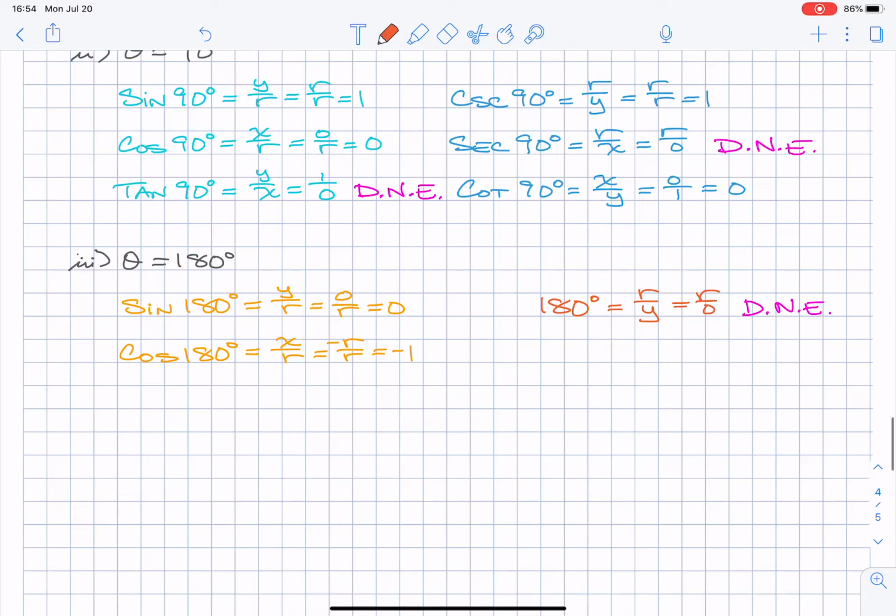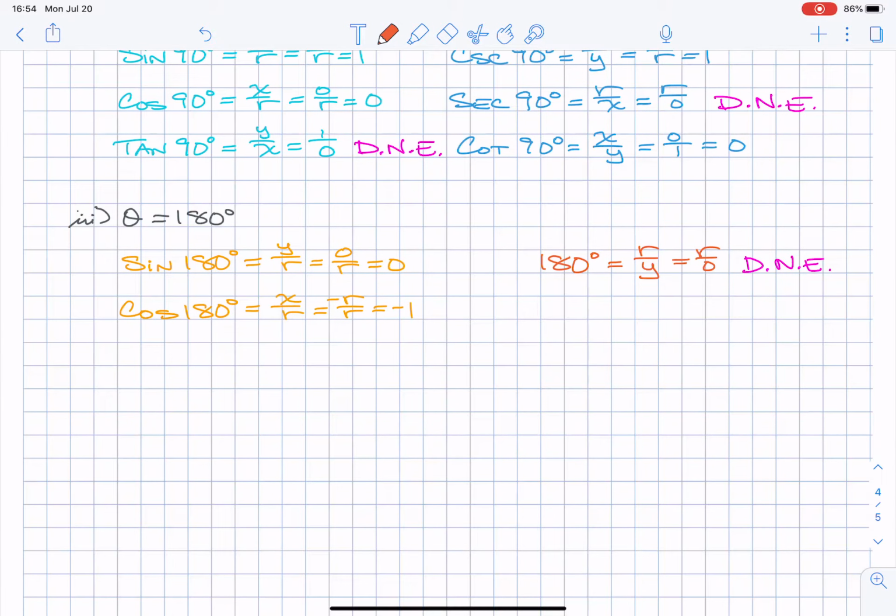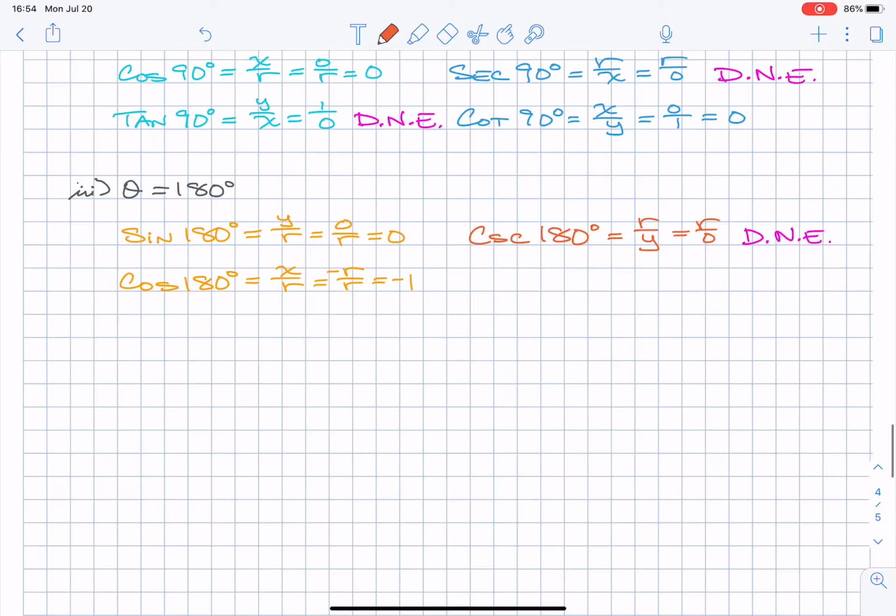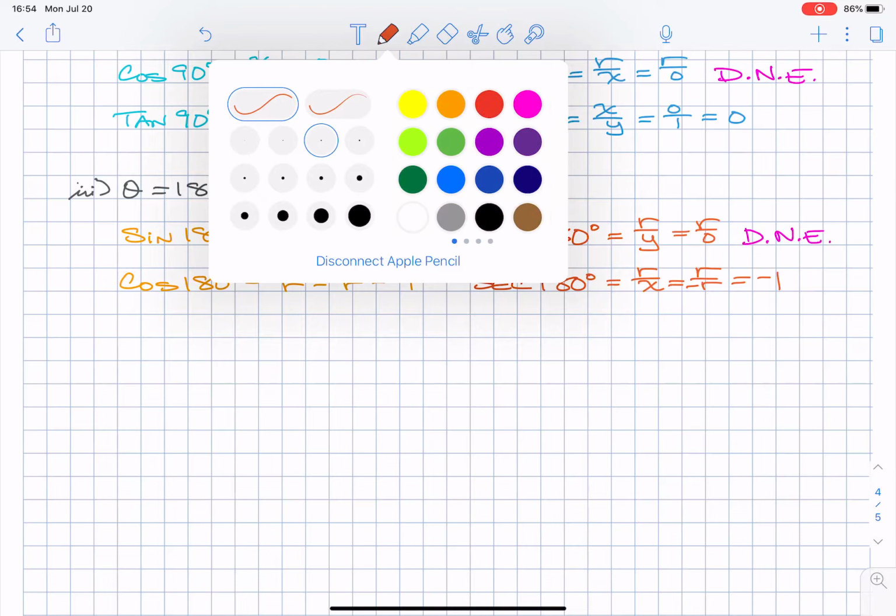Okay, s's and c's go together. The reciprocal to sine is cosecant. The reciprocal to cosine is secant. S's and c's go together. I should always say that so I don't make the mistake. So this is now r over x, which is going to be r over negative r, which is negative 1. There, that works.